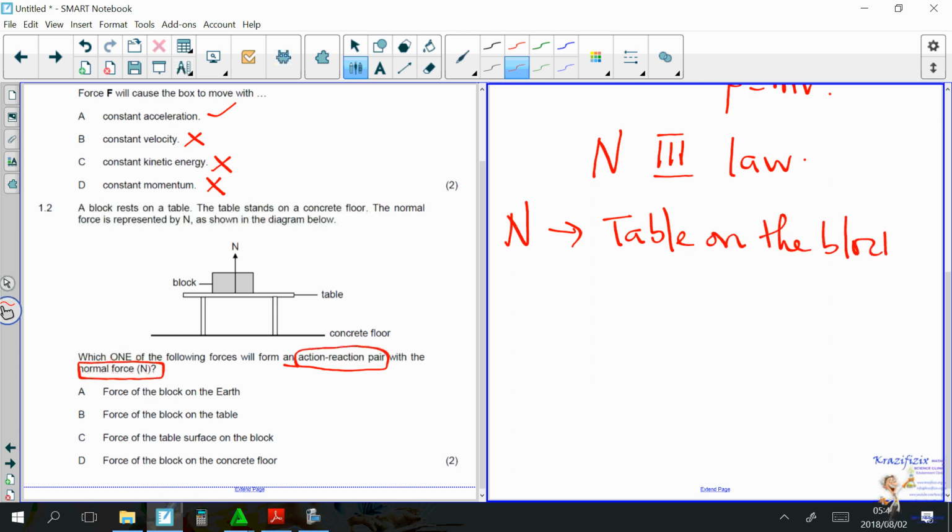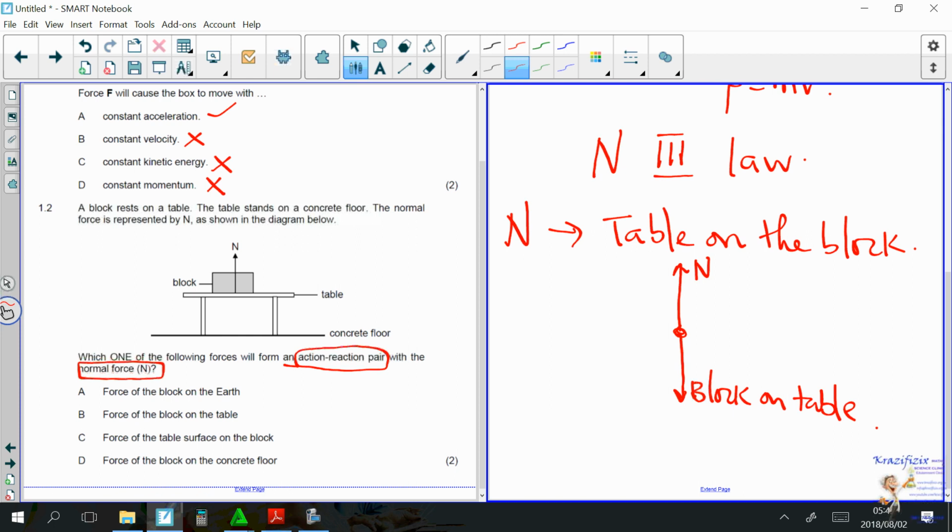The block will also exert a force on the table, which must be equal. So we're talking about block on table. Let's go check our options.